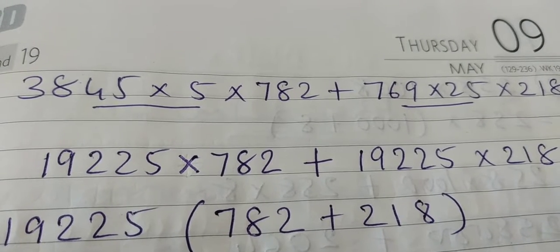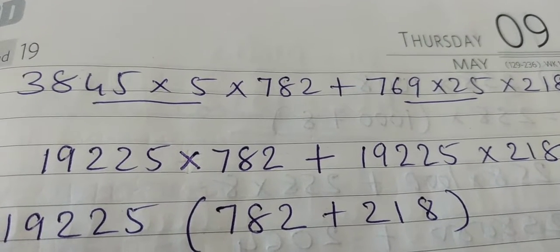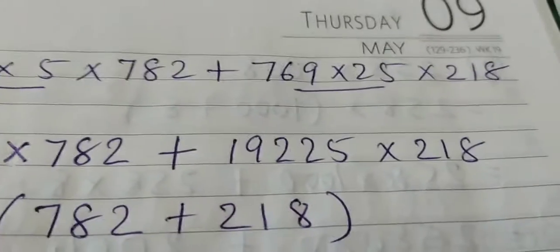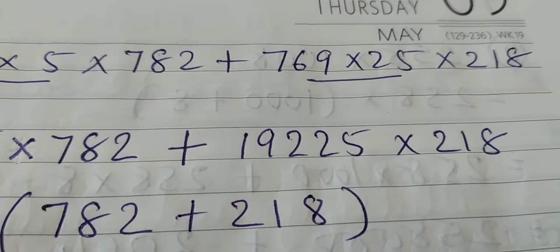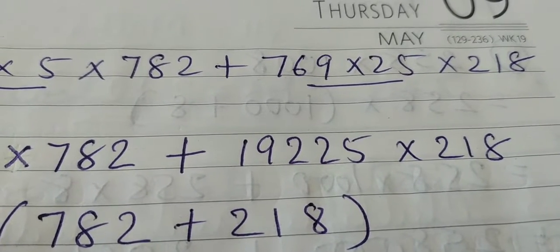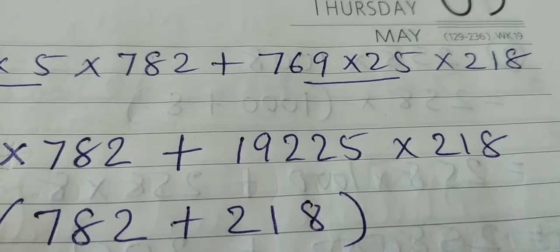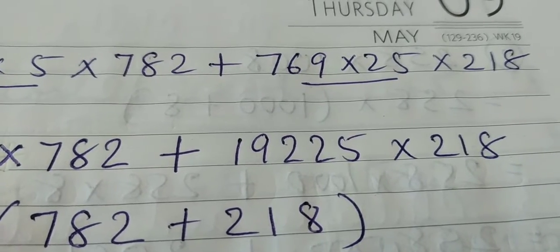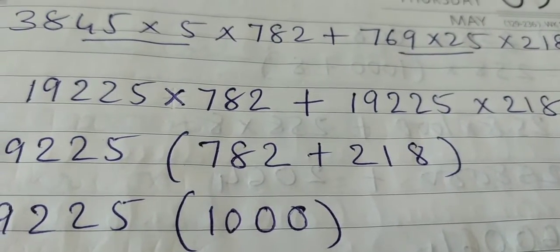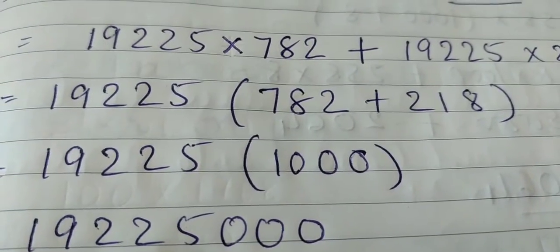That's 3,845. On multiplying with 5, I get 19,225. Same way, on the other side of the plus sign, 769, when I multiplied with 25, I got 19,225. So in the next step I have the common number 19,225, and I have taken that out.